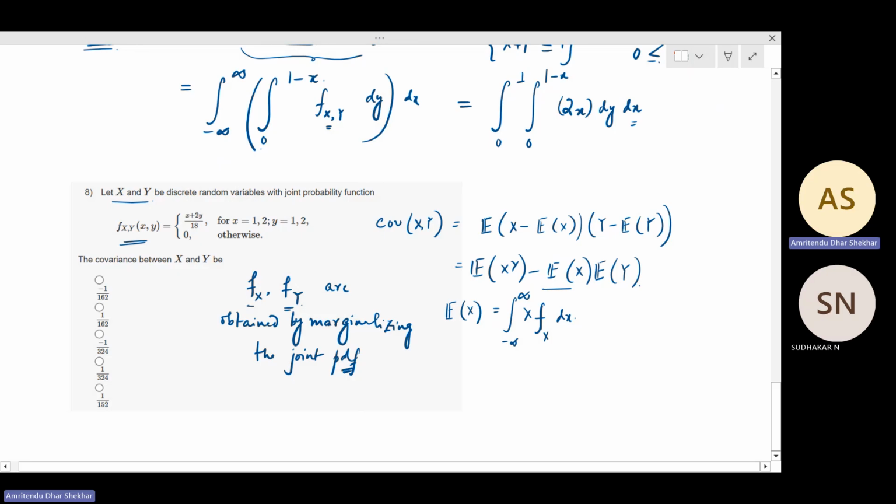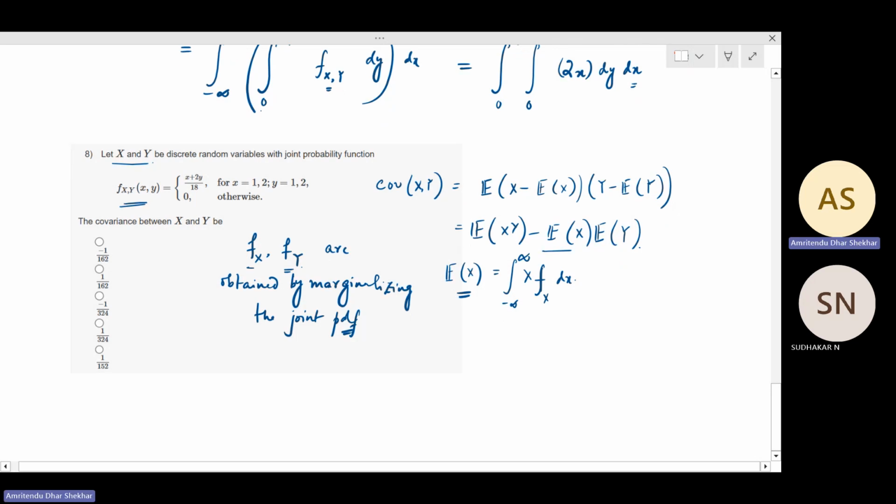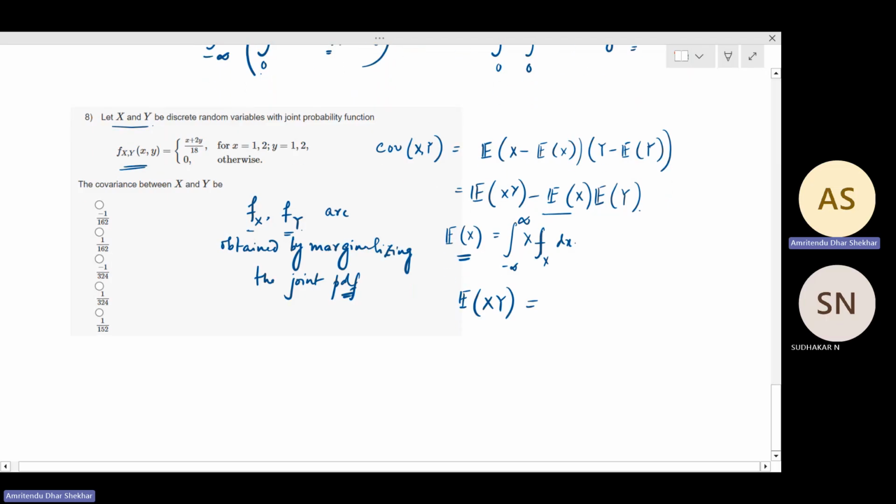Once we obtain the density function of x and y, we know what the expectation looks like. So the term that remains to be computed is the expectation of xy.